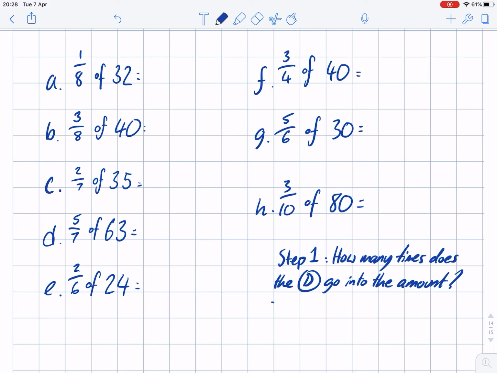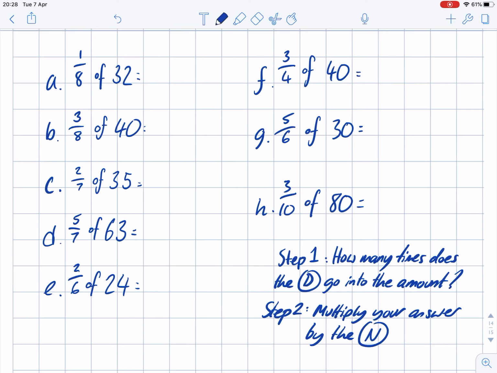And then step 2, if you remember, is whatever that answer is, multiply your answer by the n, the numerator.